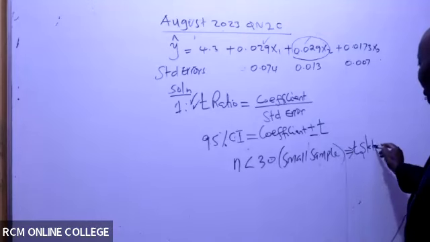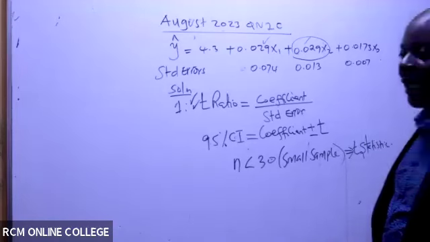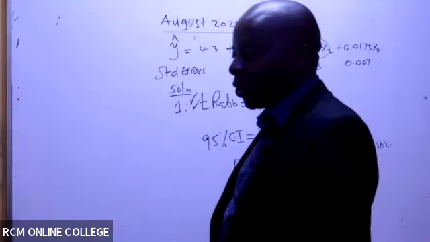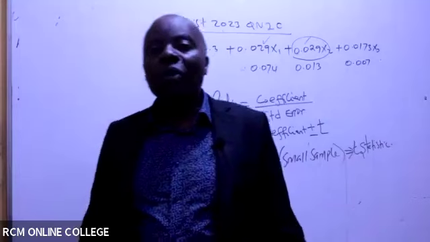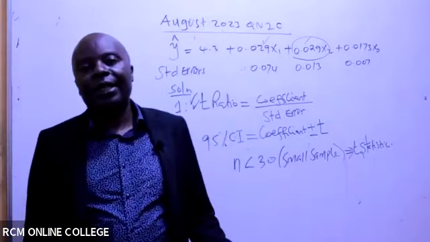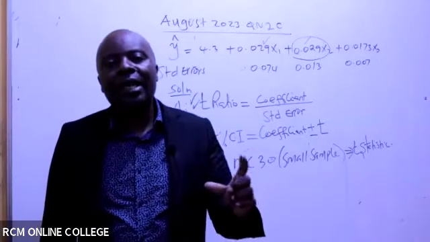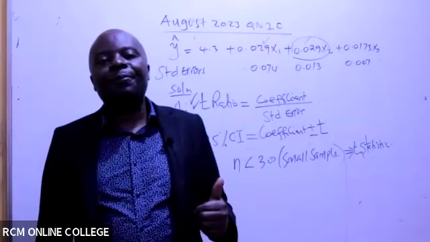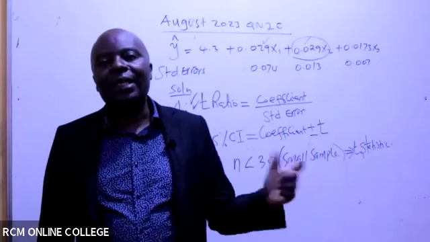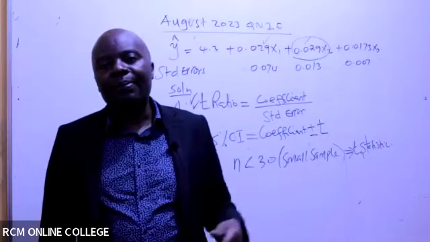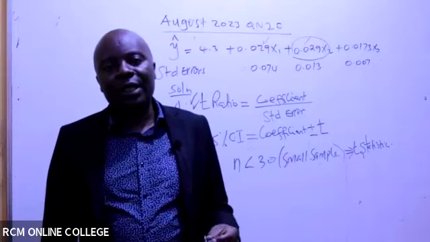If it's a population where n is more than or equal to 30, once it touches 30 and above, it becomes a large sample. For large samples, you normally use the Z-score.